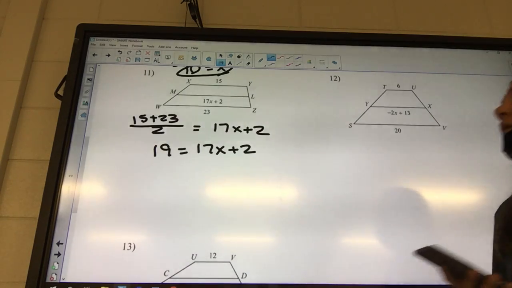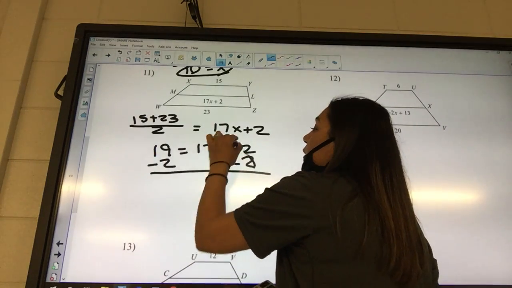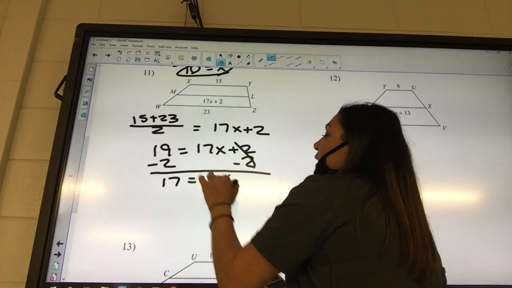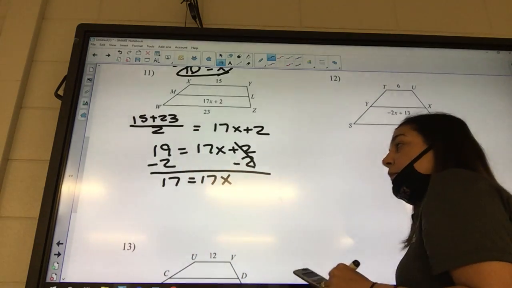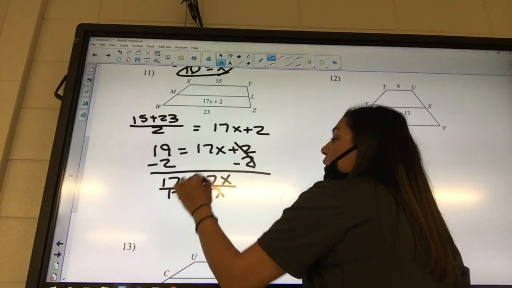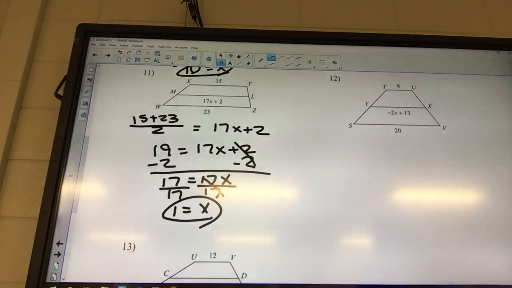So minus 2, minus 2. 19 minus 2 is 17 equals 17x. And then divide by 17. So x is going to equal 1.